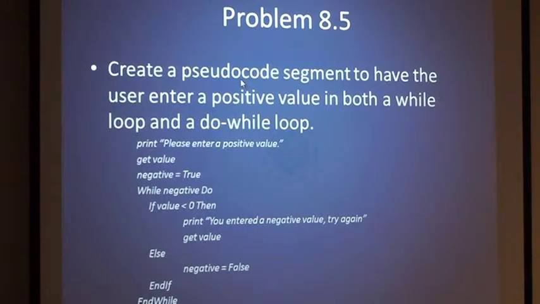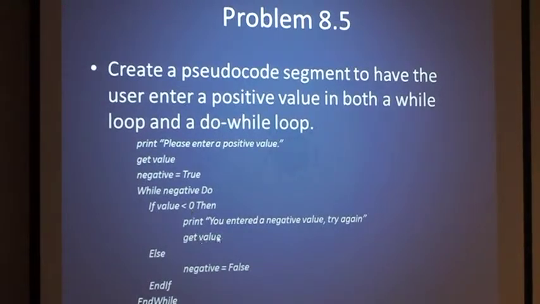Okay, so once again, we're discarding the do while. You could do it with both a while or a do while. Read the value first, and if you've not entered a positive value, you want to keep going till you enter a 0 or a +5 or something. So negative set to true, and then you check if it's less than 0.